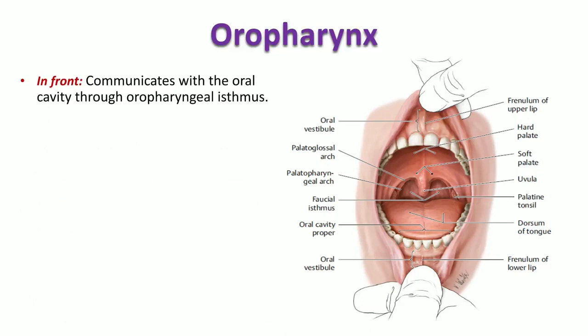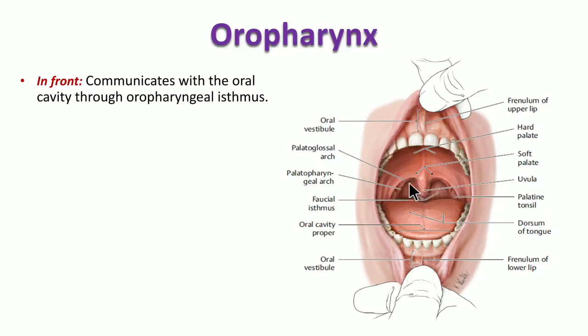So the oropharynx in front is communicating with the oral cavity. When you open your mouth, the posterior wall that you see here is the wall of the oropharynx. So it communicates with the oral cavity through the oropharyngeal isthmus. The oropharyngeal isthmus is mainly formed on either side by the palatoglossal arch.